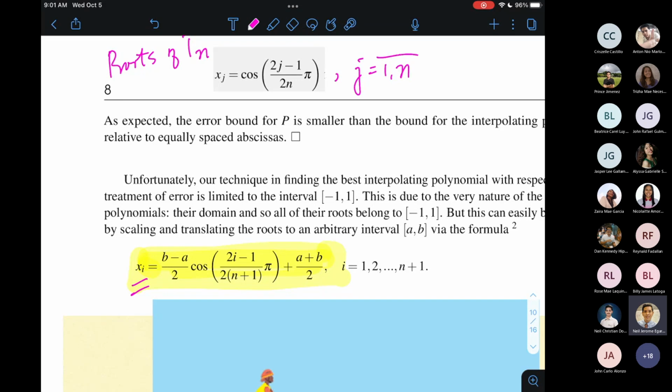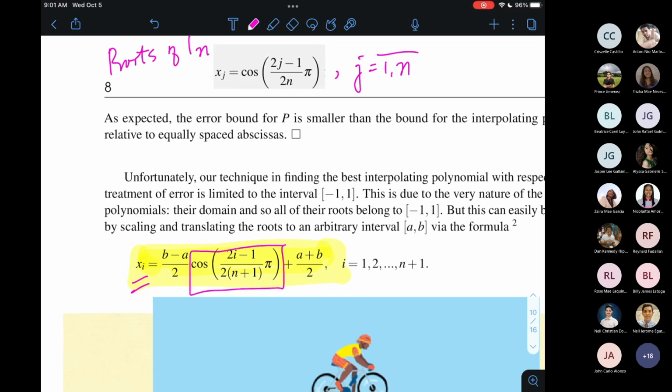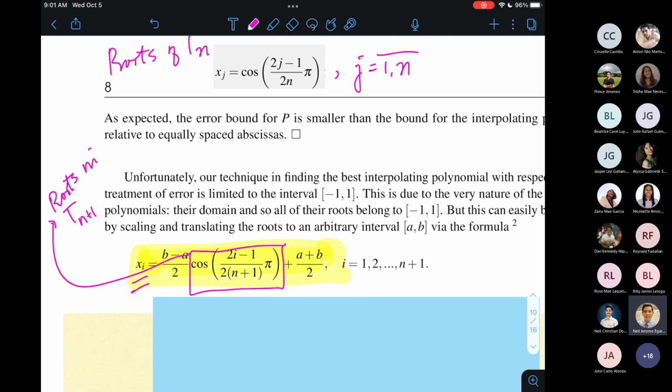So the formula here should be, sorry, dapat ito ay 2n plus 1. Hindi, tama pala, 2i minus 1 over 2 times n plus 1. Yeah. So itong mga to, ito yung roots ni T sub n plus 1.